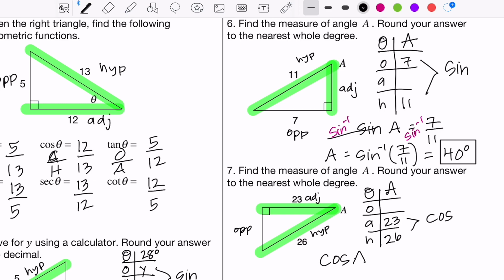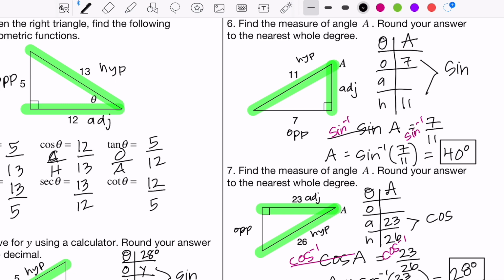So the cosine of A equals 23 over 26. Inverse cosine, because we're solving for an angle. So I get A equals cosine inverse of 23 over 26, which equals 28 degrees.